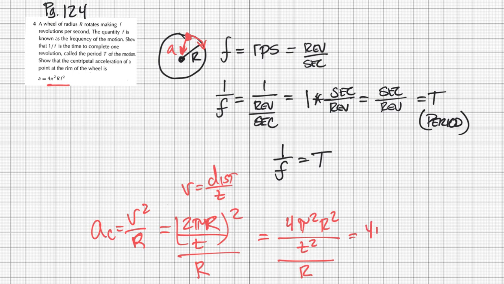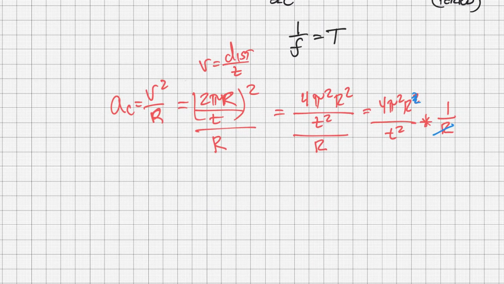So 4π²R² over T² times 1 over R, right? So with that, we can actually cancel out the R squared with that R. And we're left with the acceleration centripetal is 4π²R over T².